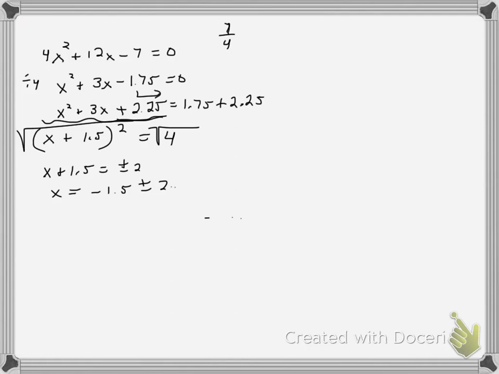Negative 1.5 plus 2 is going to be 0.5, or negative 1.5 minus 2 is going to be minus 3.5.